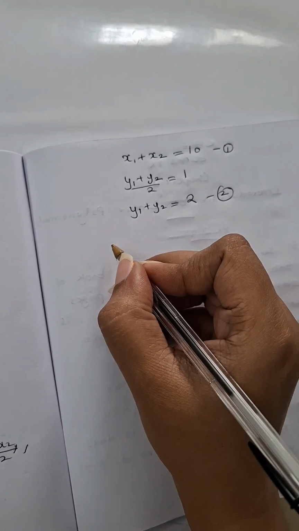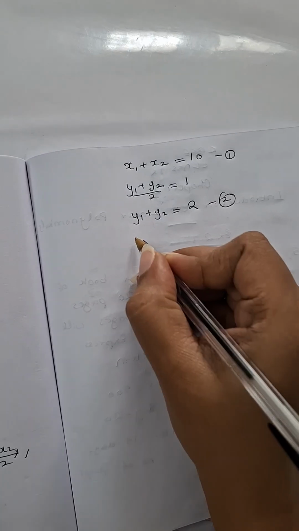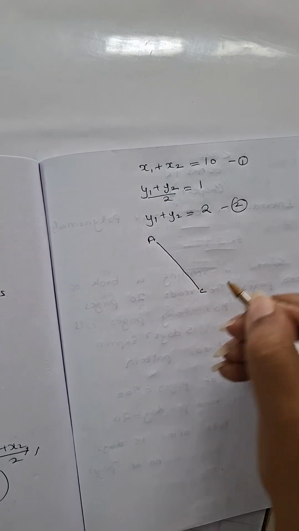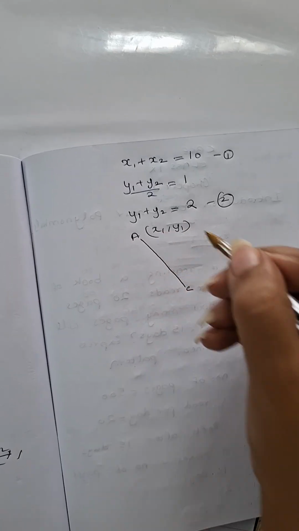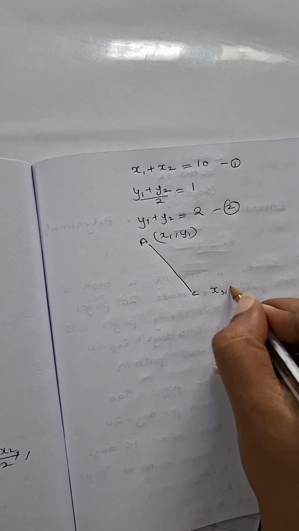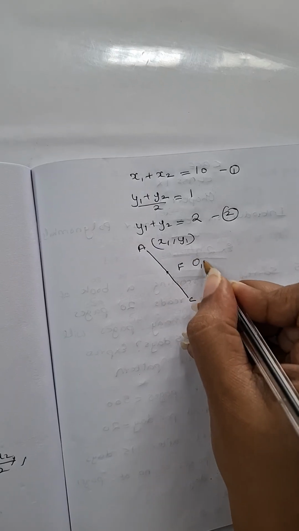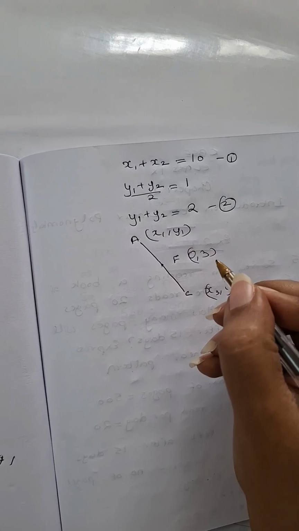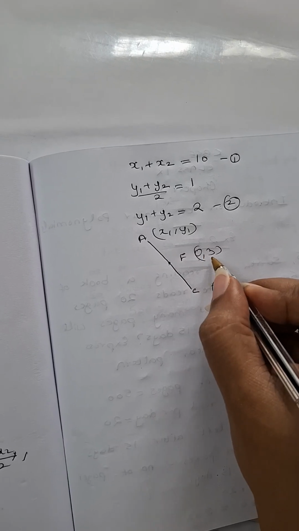Now we will take AC, with points (x1, y1) and (x3, y3). The reason for taking AC is that here the midpoint contains 0, that is (0, 3).